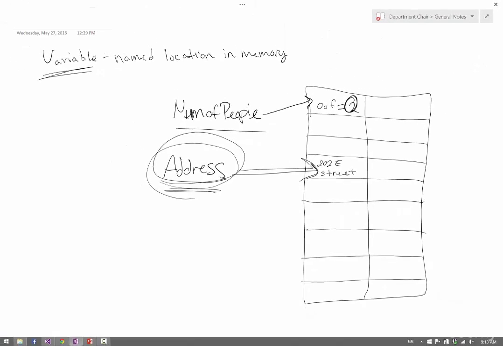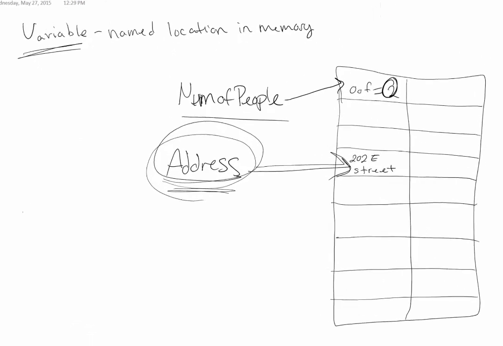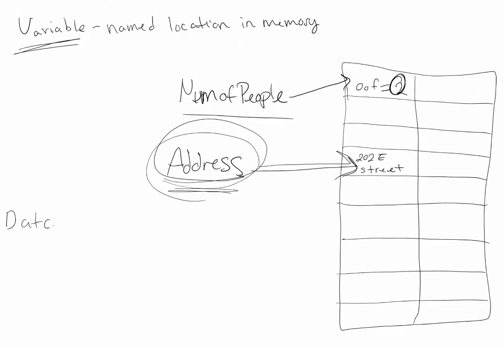Now, the second thing that we have to understand when we're using variables is something called a data type. Right? And C# is a typed language. And that means that each one of our variables is going to be defined as a particular data type. And the data type is the definition of the type of item that we're holding.